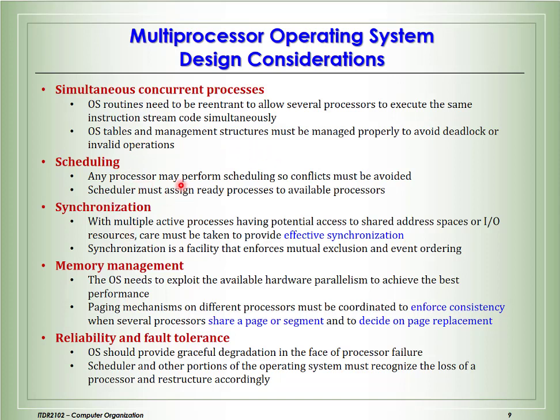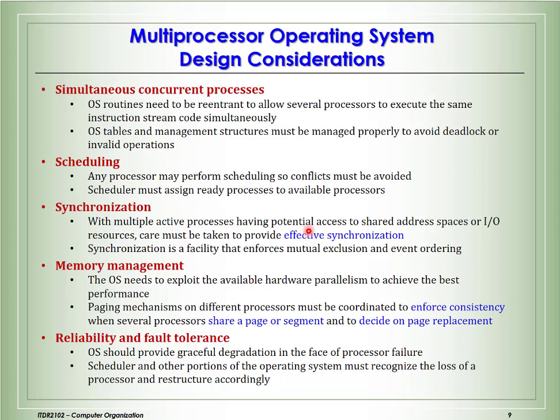Then scheduling. As we know, the operating system has scheduling algorithms, like first come first serve, round robin, and priority algorithms. We need to see how these algorithms will handle execution across multiple processors. Also synchronization, that is, how multiple processes will synchronize with each other, because the order is very important when you are executing processes.